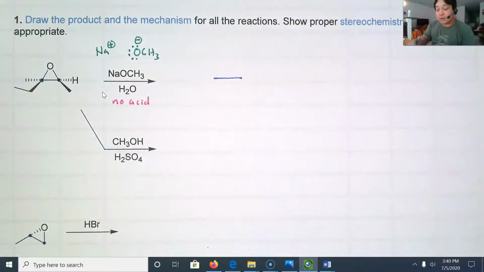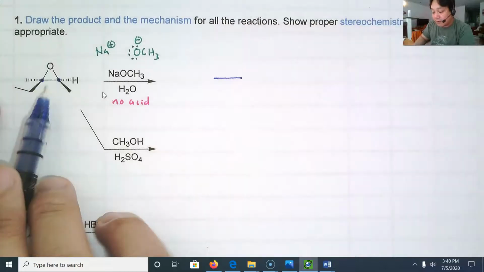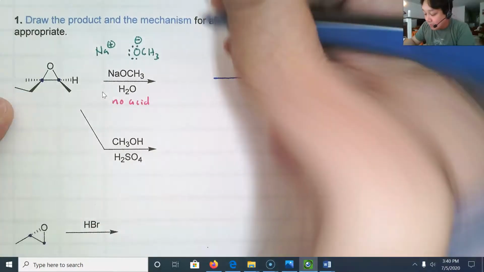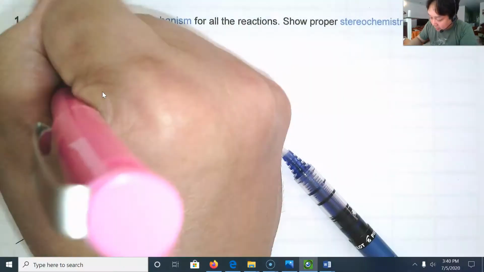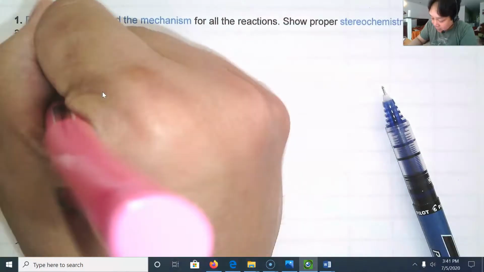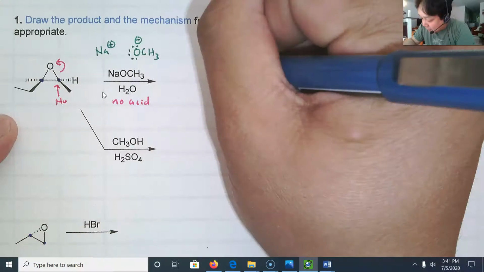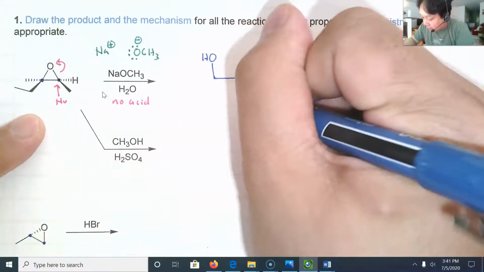But I still have stereochemistry because we got to pretend that this oxygen is above these atoms here. Okay? So if I'm attacking right here, okay, the nucleophile, and I open up this ring, you see how the OH would be up here now, and the nucleophile would be down here.